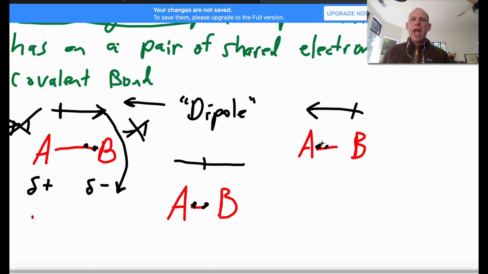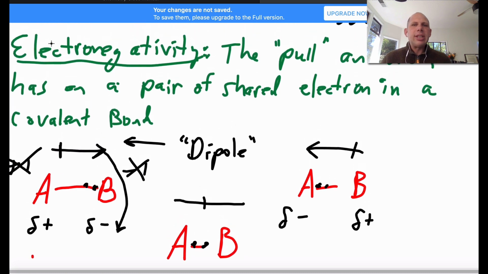Conversely here, A is pulling harder on the electrons. And because electrons are negative, A is not negative, it's partially negative. And B is partially positive. So these partial charges are ways of showing how the electrons are distributed in a covalent bond. Okay?